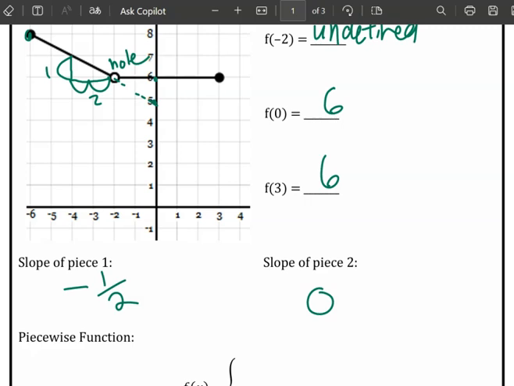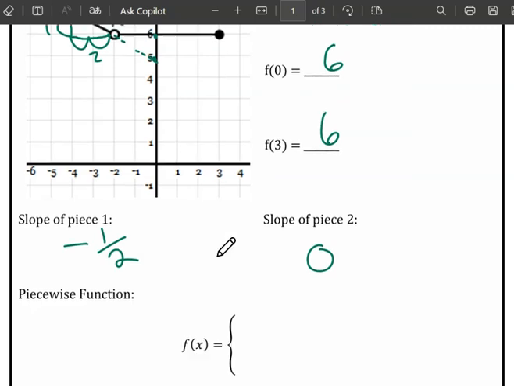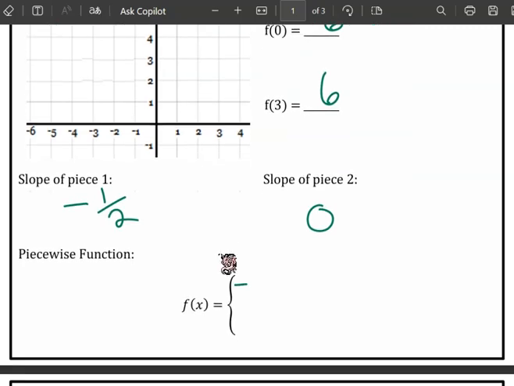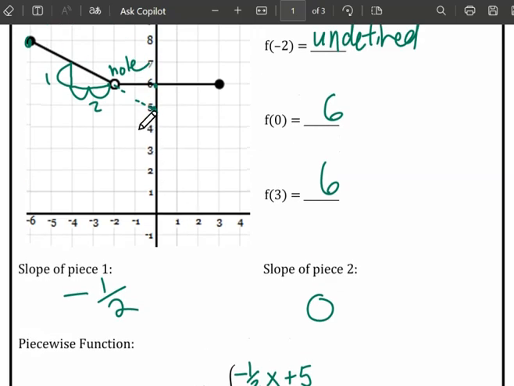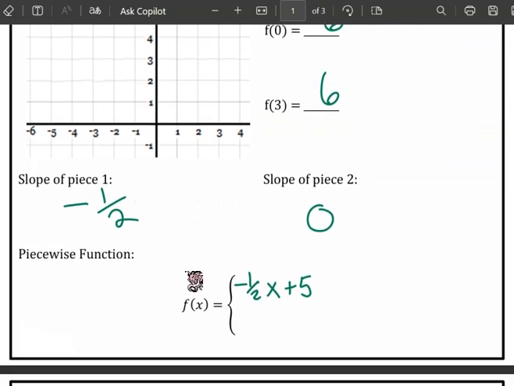So our piece would be -1/2 x plus 5. And that is when x is less than -2.